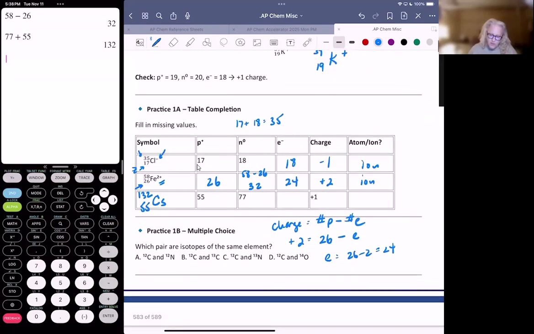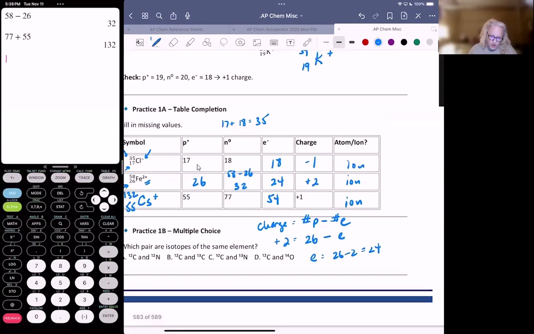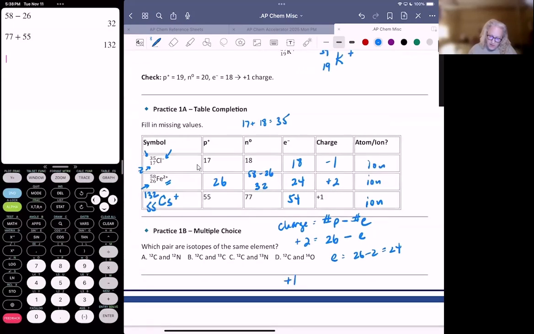The charge is +1, let's put our +1. It tells me it's an ion, and it tells me I have one fewer electron than proton, so it's 54. But if I use this equation here, charge +1 is equal to protons minus electrons, we would know that electrons is equal to 54.